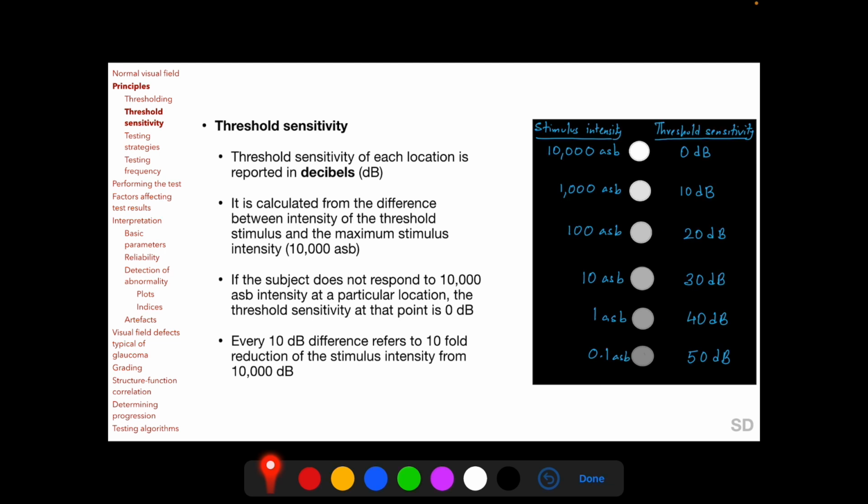So if the subject does not respond to a stimulus of intensity 10,000 apostilbs at a particular location, the threshold sensitivity at that location is said to be 0 decibels. And as we have mentioned, every 10 decibel increase in threshold sensitivity corresponds to a tenfold reduction in the intensity of the minimum perceivable stimulus from 10,000 apostilbs, which is the intensity of the brightest stimulus projected by the machine.